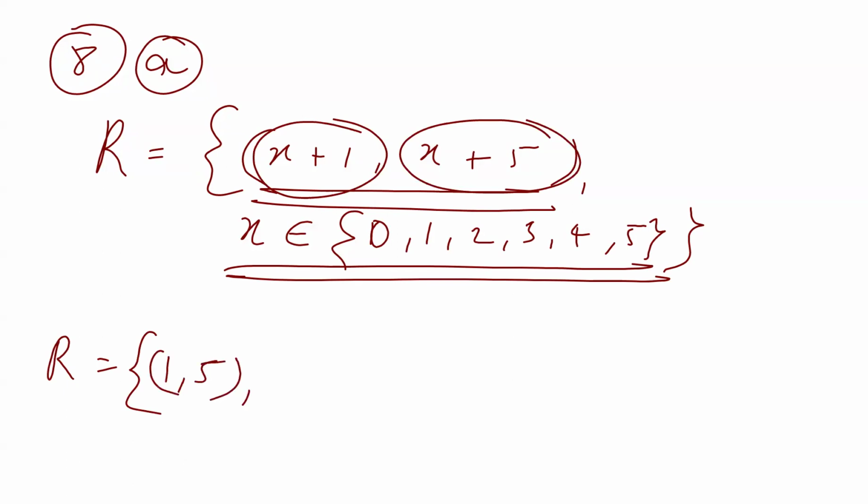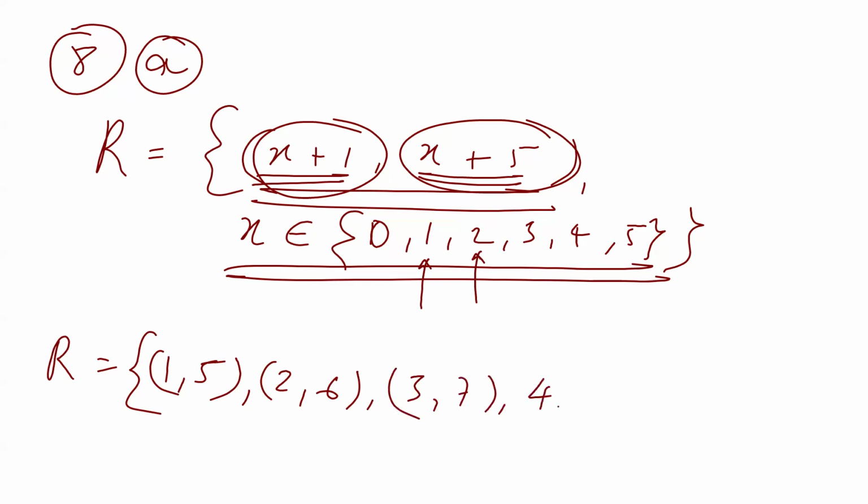Now put the next value as 1. So 1 plus 1 is 2 and 1 plus 5 is 6. Third ordered pair, put x as 2. So 2 plus 1 is 3, 2 plus 5 is 7.